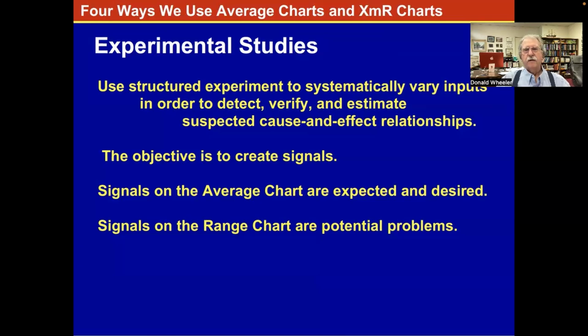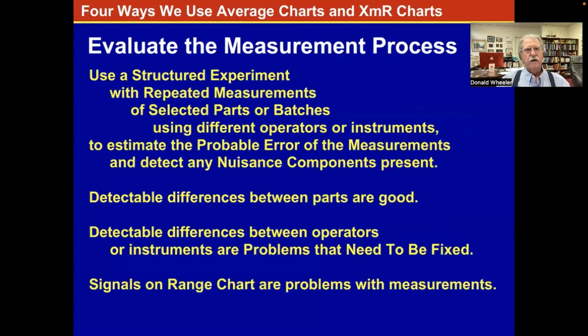Now, in chapter 6, we're going to be talking about evaluating the measurement process. Here, we're going to use a structured experiment with repeated measurements of selected parts or batches using different operators and/or different instruments to estimate the probable error of the measurements and detect any nuisance component that might be present. Detectable differences between parts or batches are good.